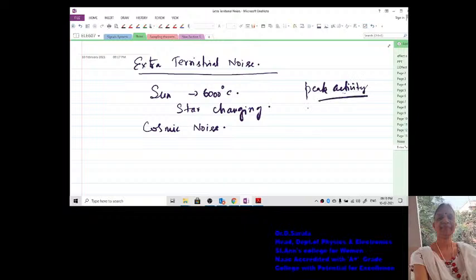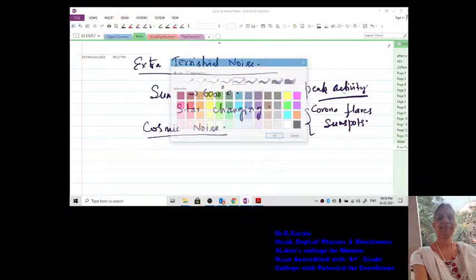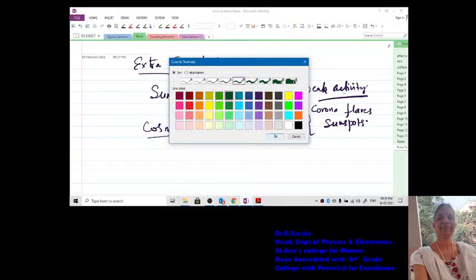Because of this, there are some limited disturbances coming. Corona flares and sunspots. So at these times the radiation of the sun is so much that it will interfere with our systems. So therefore, this is one source of noise that you will be getting.